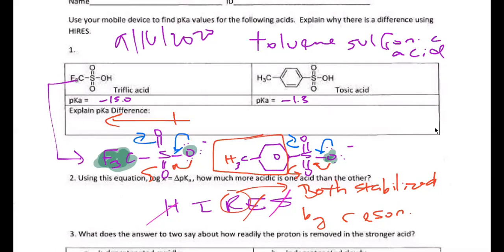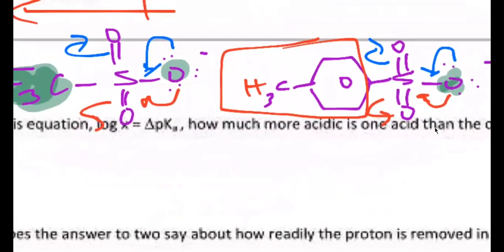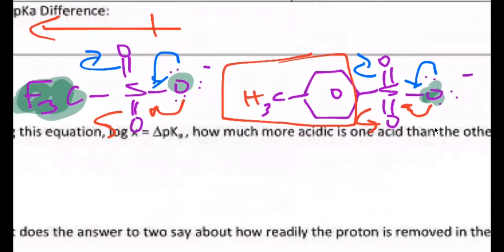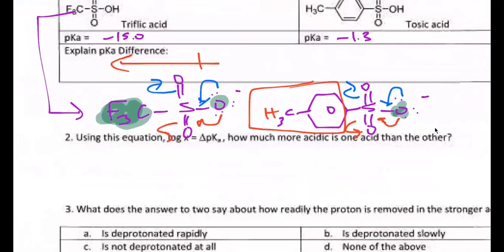Okay. Now let's go to part 2, number 2. Number 2 asks a question. It says, how much more acidic is one acid than the other? So what do we need to do? We need to find the difference in the pKa, don't we?